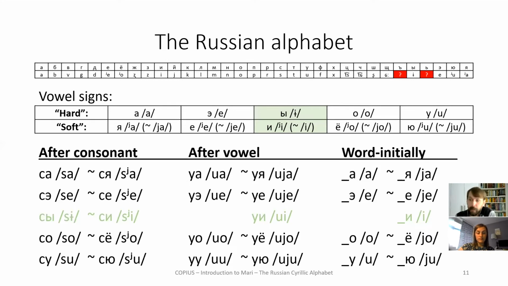And rather than having its own symbol for all palatalized variants, like having its own letter for s and then a palatalized s, Russian has adopted a logic where the choice of the following vowel sign indicates if the consonant is palatalized or not, which is more economic because you have 5 to 6 vowel phonemes in Russian, but many more consonants. So you need fewer letters for this system to work. That's basically the internal logic that we're working with here.